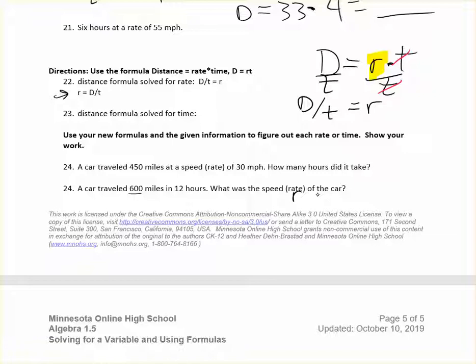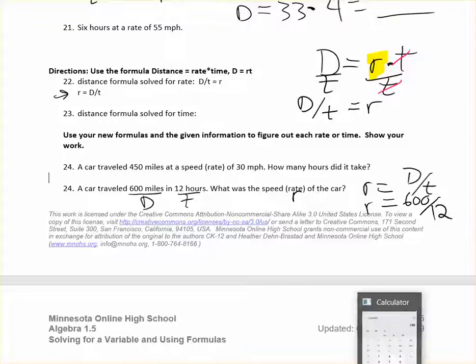So we know this is our distance, 600 miles. We know this is our time, 12 hours, and we're going to use our new formula, which says r equals d over t, and we'll plug in what we know is true for d, that's 600 miles, and our time is 12.